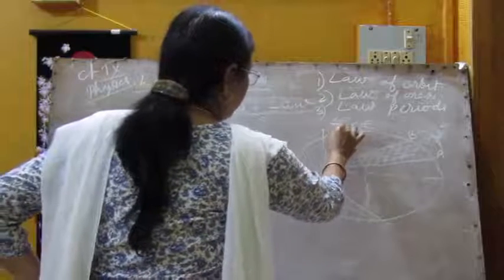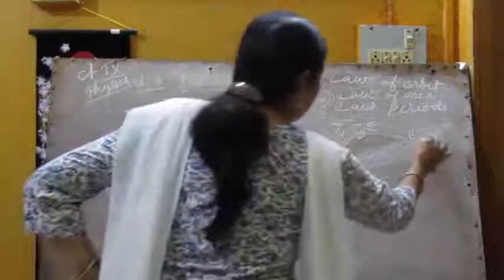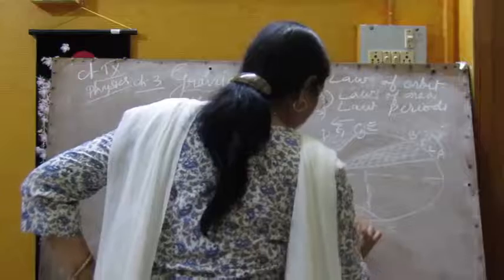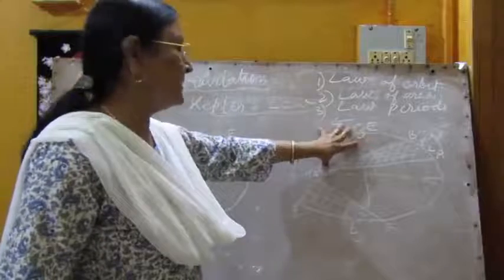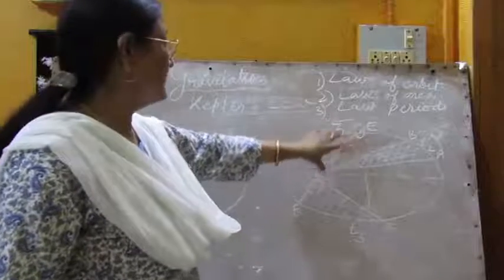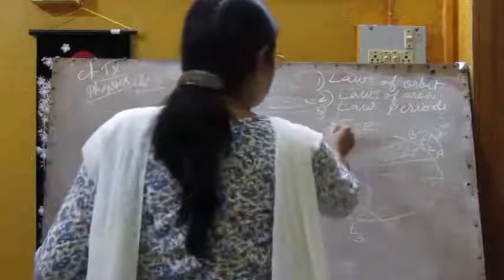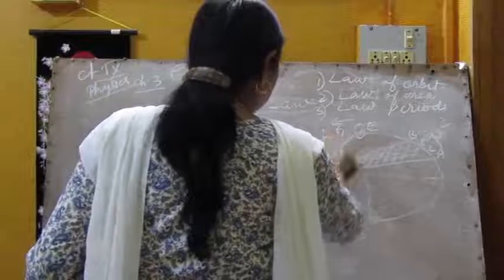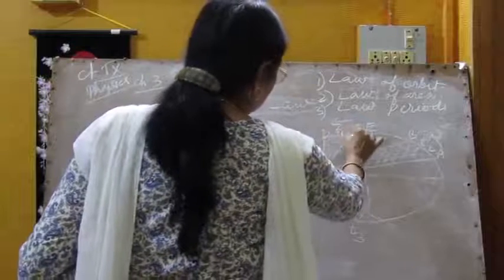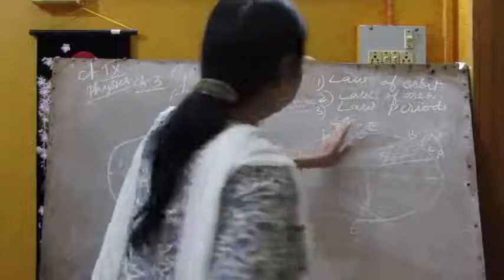Suppose this is time t1, this is time t2, this is time t3. Now this area, suppose this line sweeps from here to here, then this area is swept by this line in the time t1.